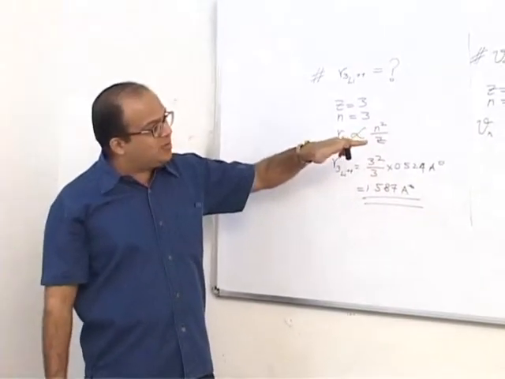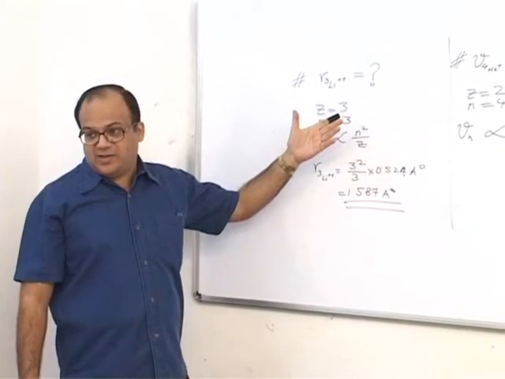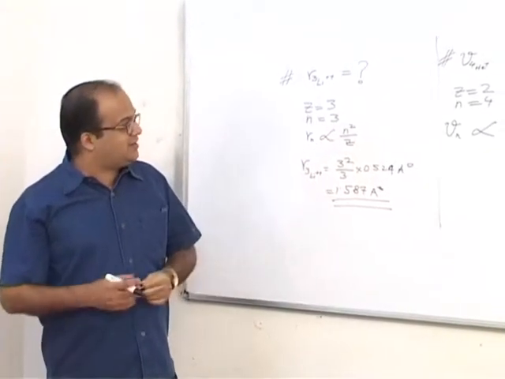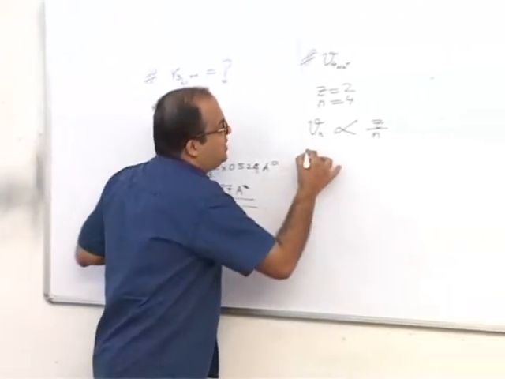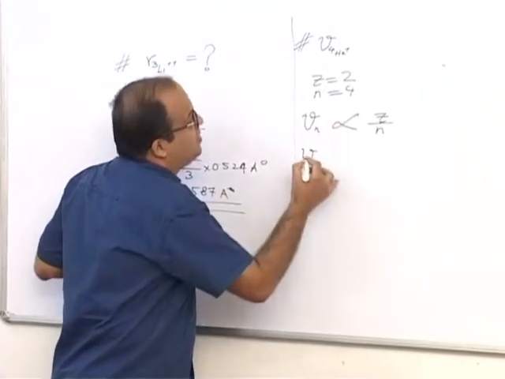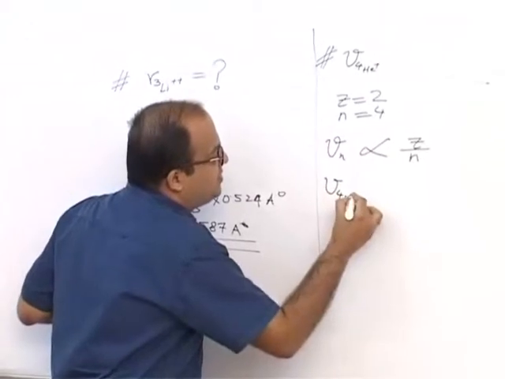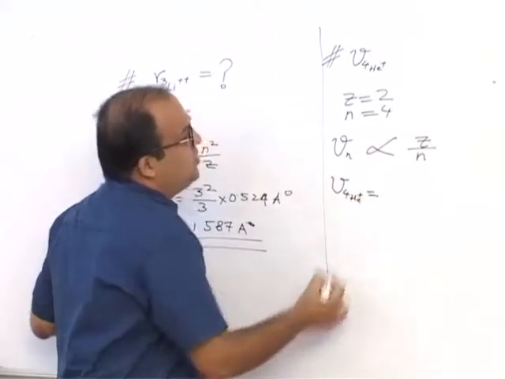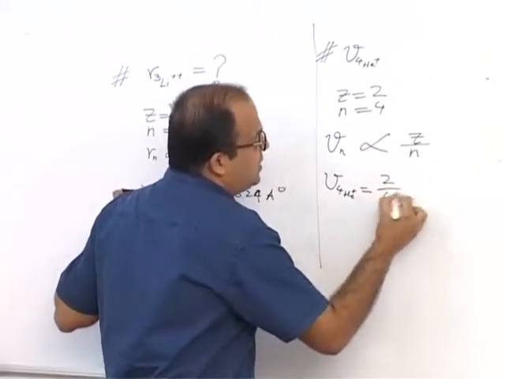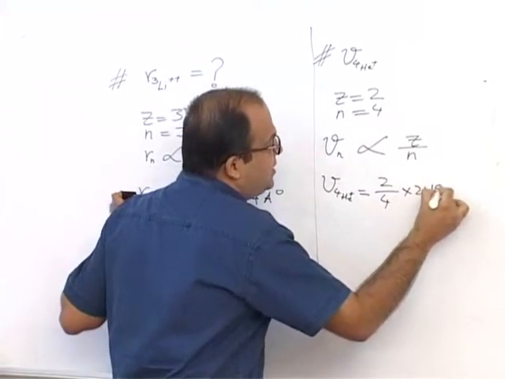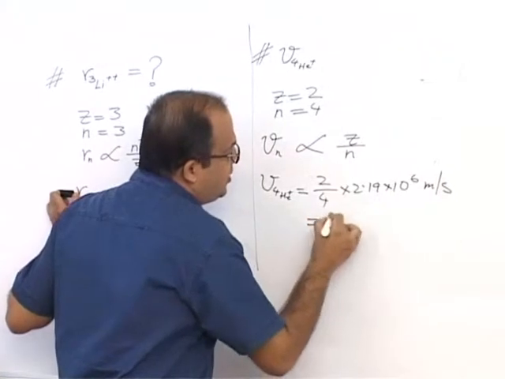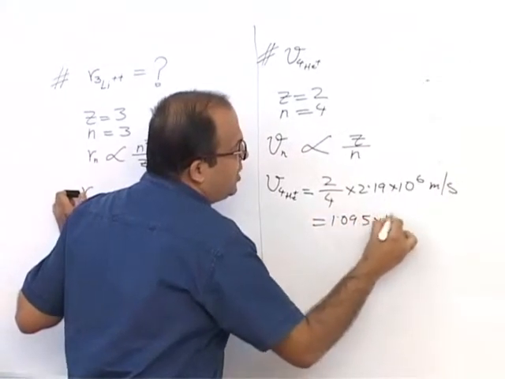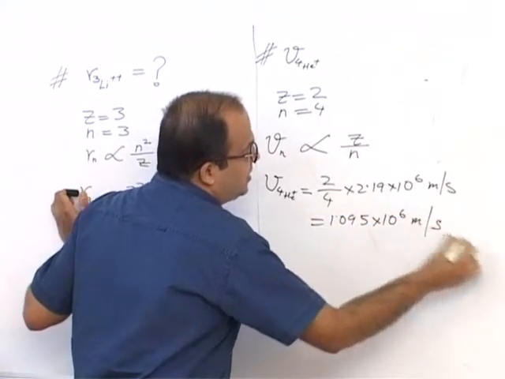In velocity, n is in the denominator, so Z will be on the opposite side. Z will not get squared unless it is for energy. So V4 for He plus will be equal to 2 upon 4 into 2.19 into 10 to the power 6 meter per second. That comes out to be 1.095 into 10 to the power 6 meter per second.